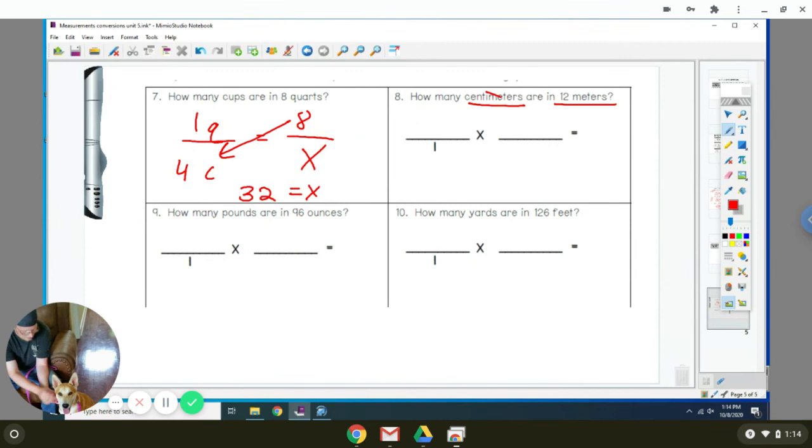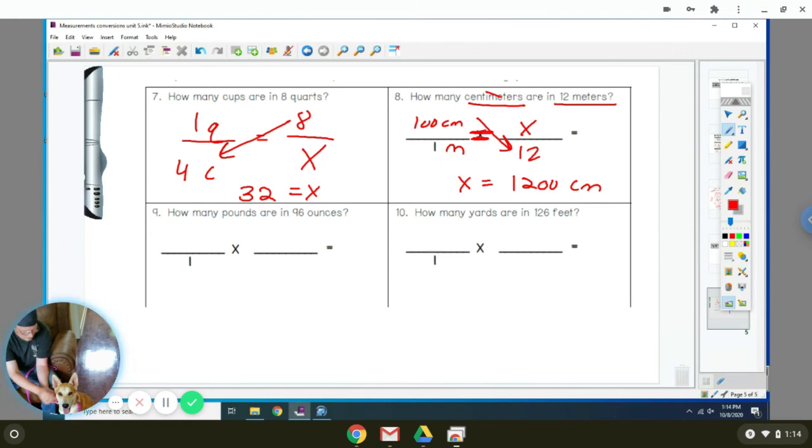So you can write 1 meter down here and 100 centimeters up here. And it's supposed to be an equal sign. And then we're changing meters, so 12 meters are on the bottom. So you do 100 times 12, which is 1200, and x times 1 is just x. So there are 1200 centimeters.